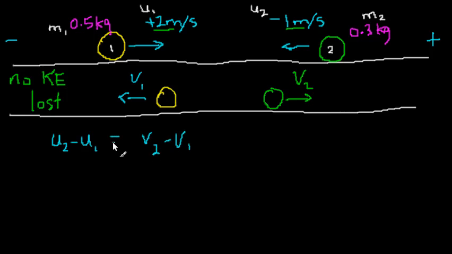So in the equation, we add a minus sign to one side because the two motions are in opposite directions. Okay, so that's where we are.